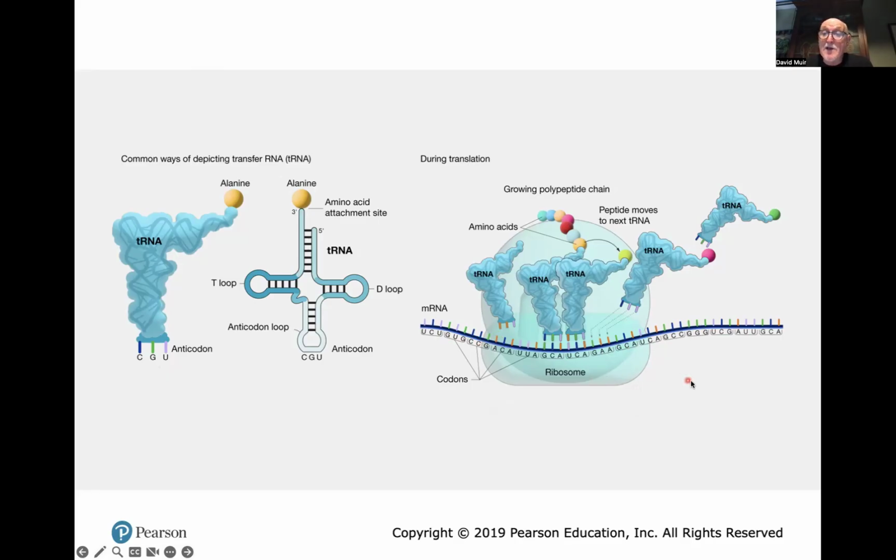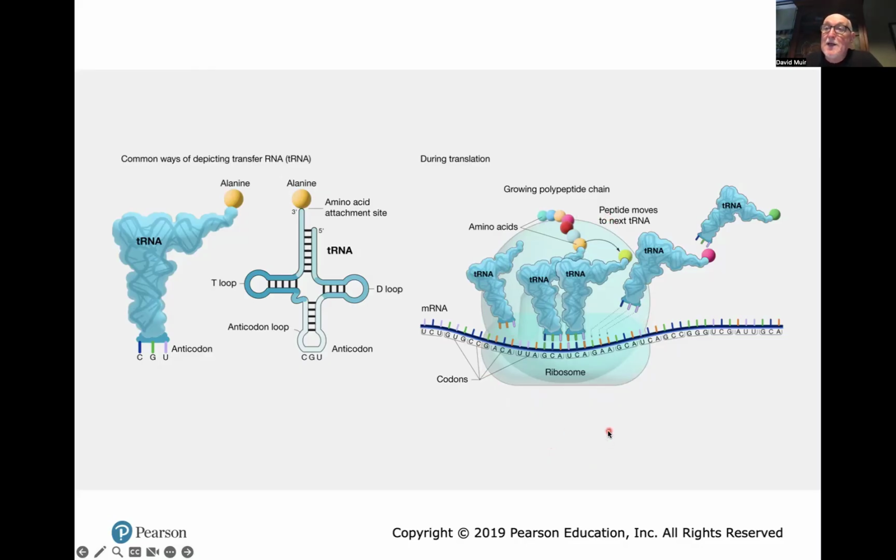And we now need to ask the question, well, how does it organize this so that the tRNA comes in the correct order and the amino acids are joined together in the correct order, in an orderly fashion? And for that, we have to look for a moment at these little bodies in the cell called the ribosomes.